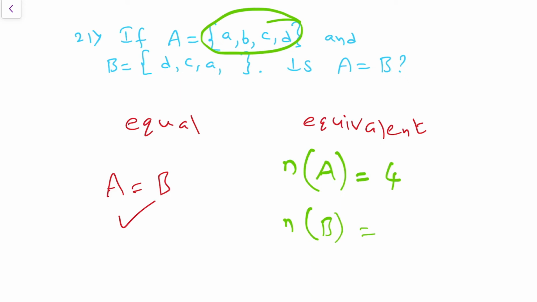Sorry, here one letter was gone by mistake. Yeah, in the set B also 4 letters are there. So set B also has 4 elements. Now if we observe this clearly, in the set A 4 elements, in the set B also 4 elements. If the number of elements are the same, then those two sets are considered as equivalent sets.